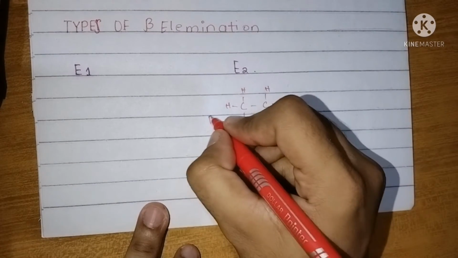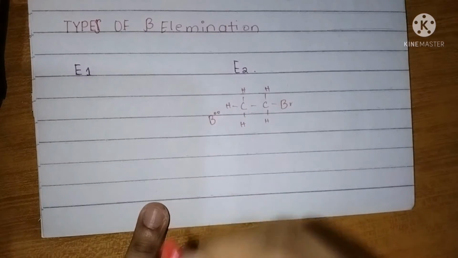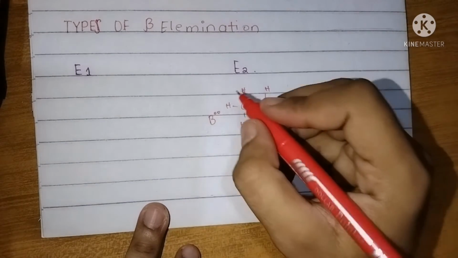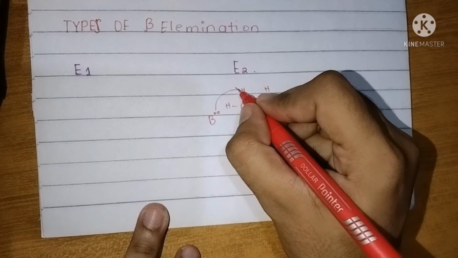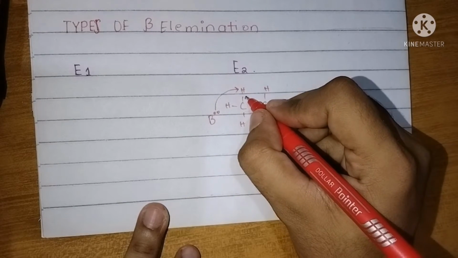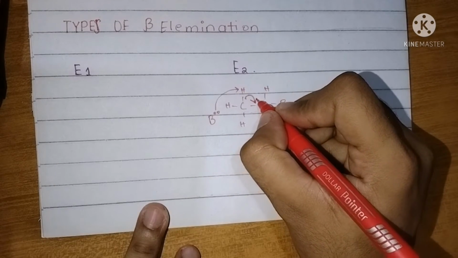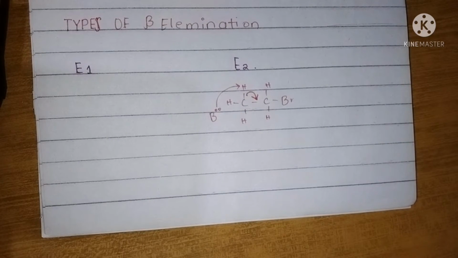This is a base with an electron pair, and it is going to attack this hydrogen atom, and this bond is going to move between the carbon atoms.